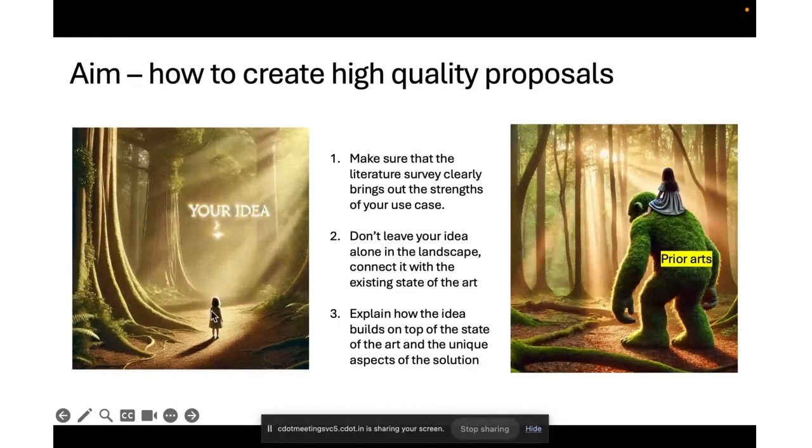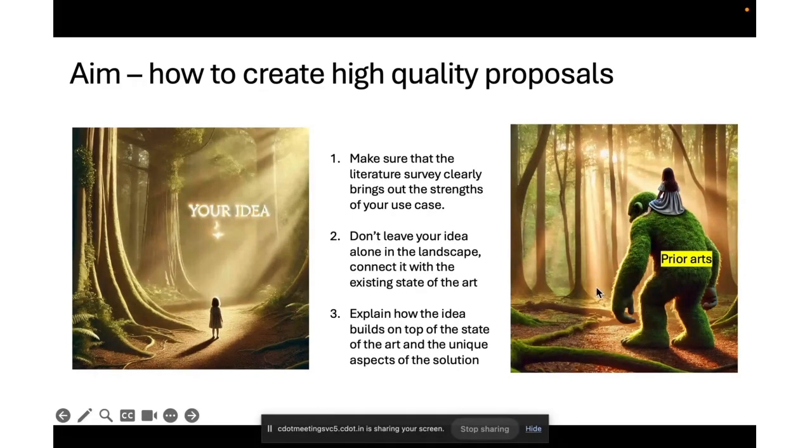I mean, you are in this forest and you are a pioneer, it looks like. But at the same time, it looks very alone, no? It's very lonely here. But if you put in the prior arts very carefully and build your case carefully, then you can actually sit on top of these giants' shoulders.